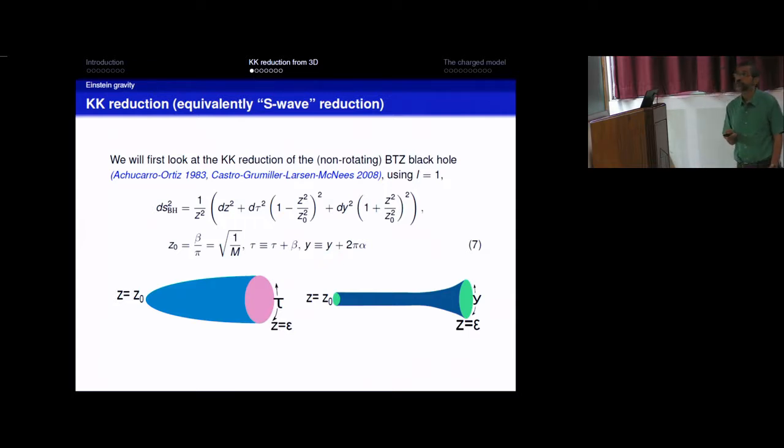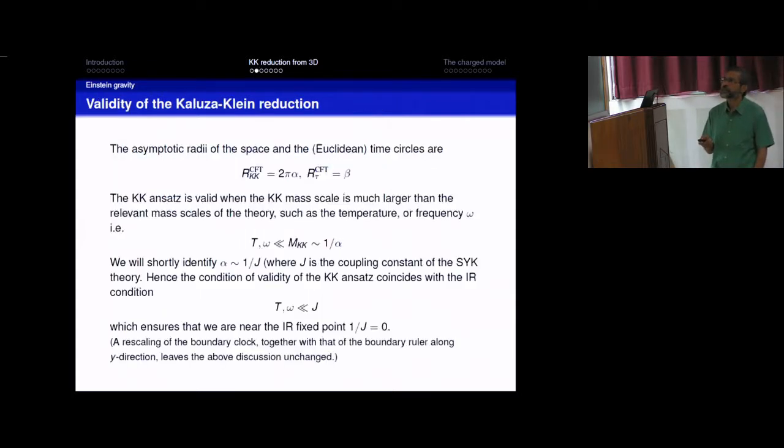So the validity of the Kaluza-Klein reduction is the following: the asymptotic radii of the space and Euclidean time circles are, as I said, 2 pi alpha and beta respectively. And for the Kaluza-Klein ansatz to be valid, this radius should be much less than this radius or any other length scales in the final theory that you are interested in.